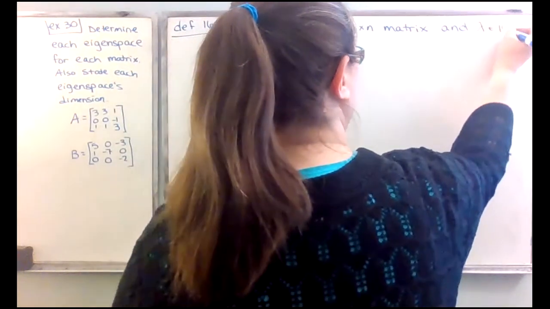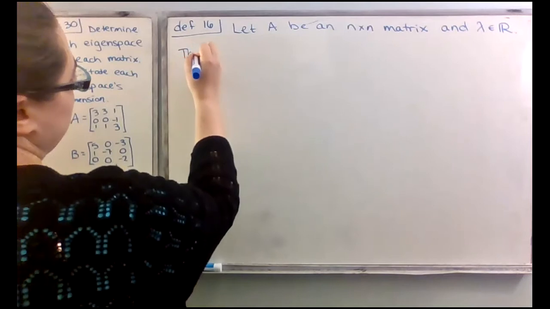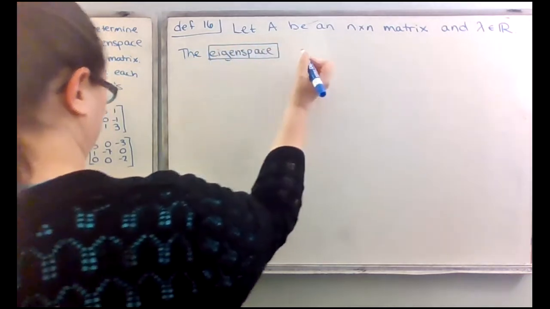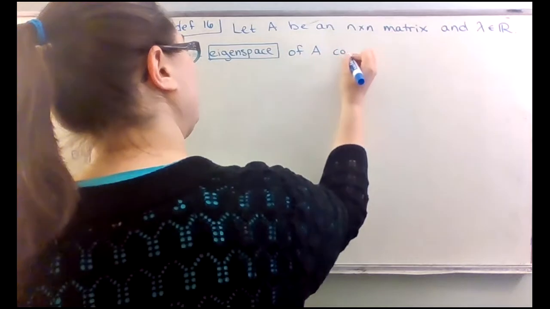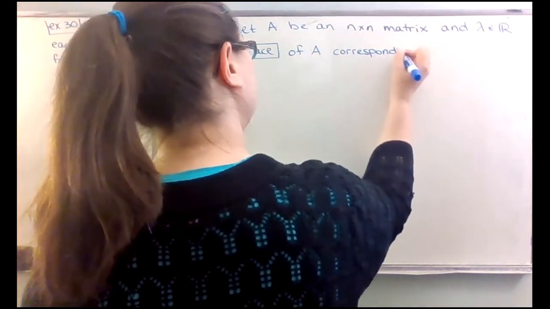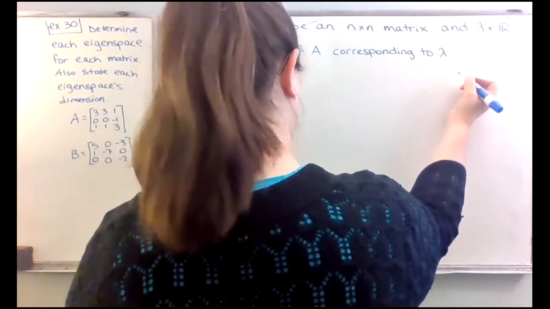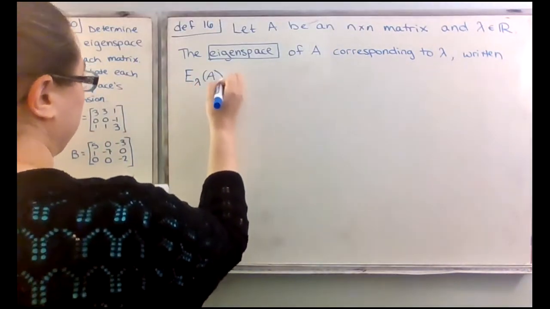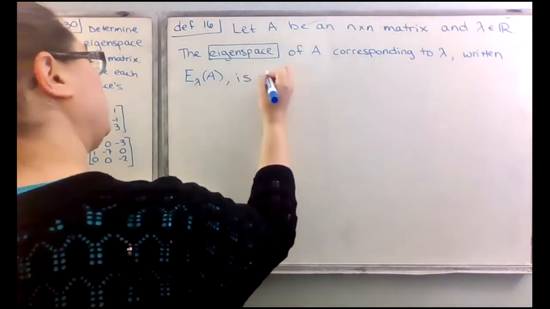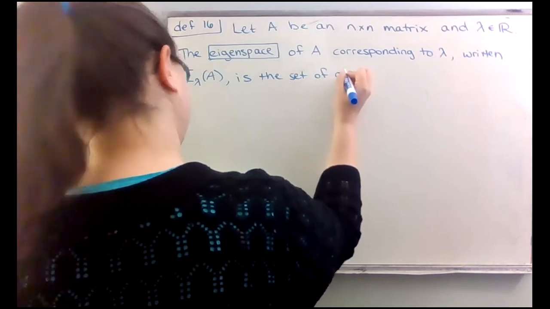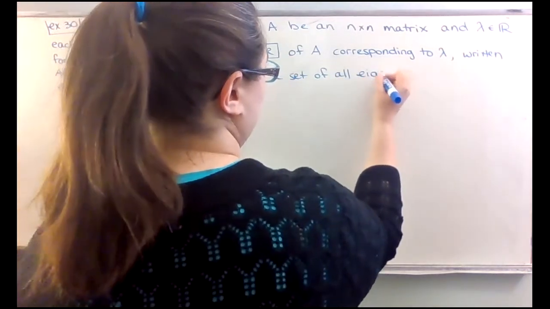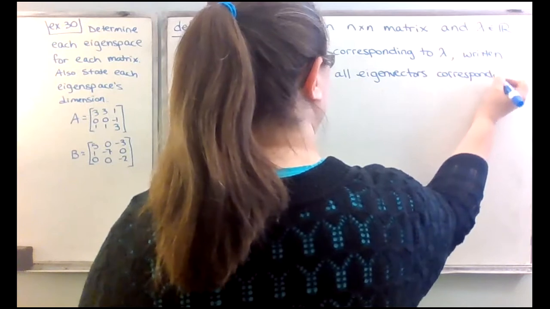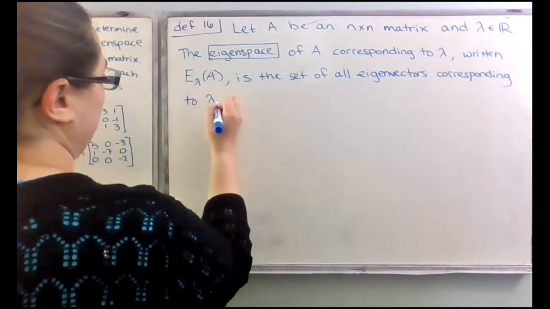So lambda is an element of R. The eigenspace of A corresponding to lambda, which is written E sub lambda of A, is the set of all eigenvectors corresponding to lambda.